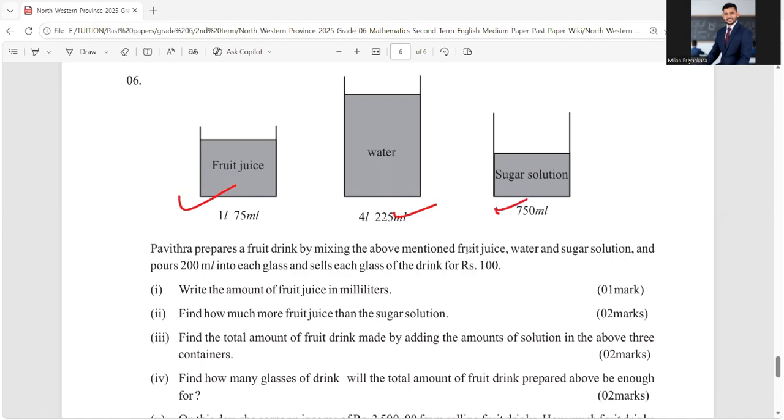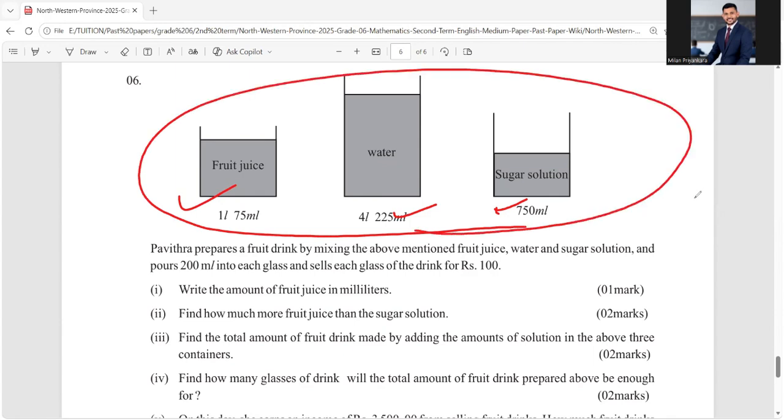And pours 200 milliliters into each glass and sells each glass of the drink at 100 rupees. That means she mixes all these and makes a fruit drink, and then pours it into glasses, and each glass has 200 milliliters. Now that is the story.